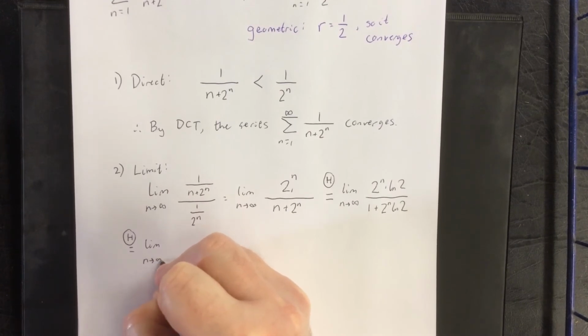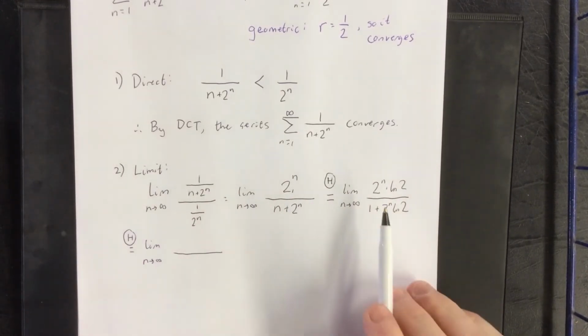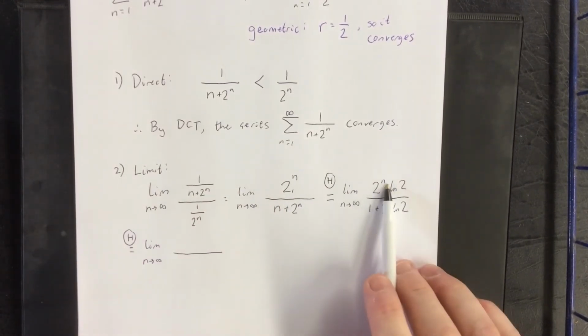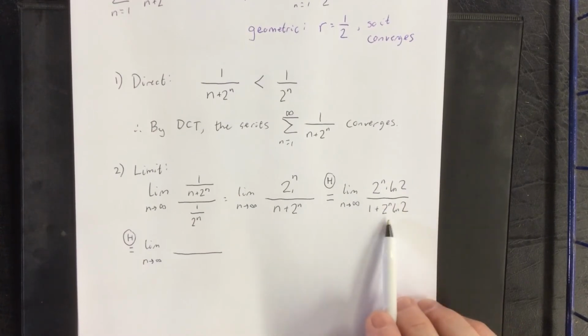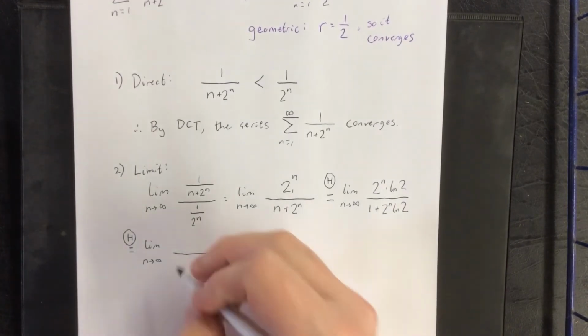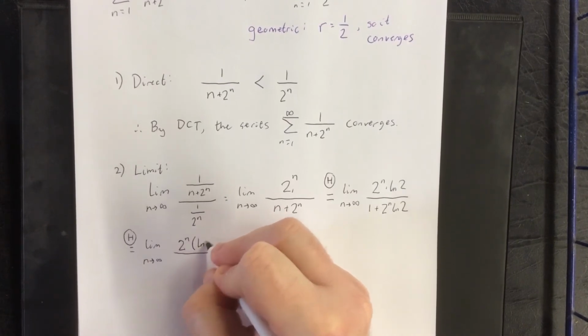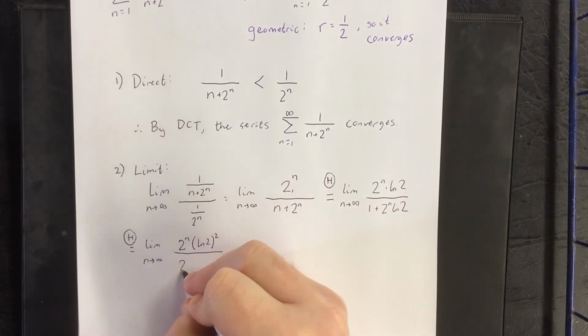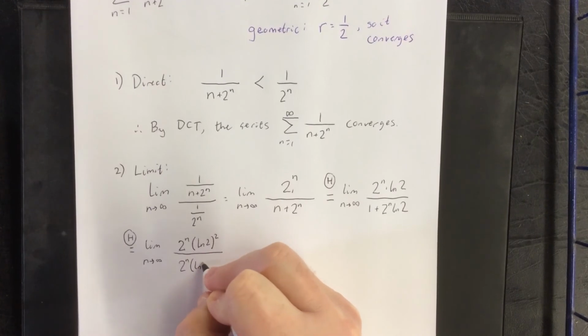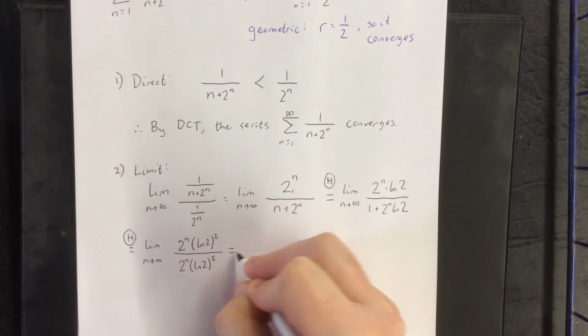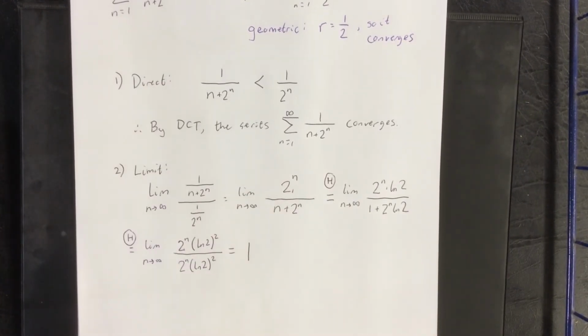The limit as n goes to infinity of the numerator, which is going to be the derivative of this, and the denominator is going to wind up being the derivative of the same thing because the 1 is going to cancel out. Really, though, it's going to be the 2 to the n times the natural log of 2 quantity squared, over 2 to the n times the natural log of 2 quantity squared. This number is 1.